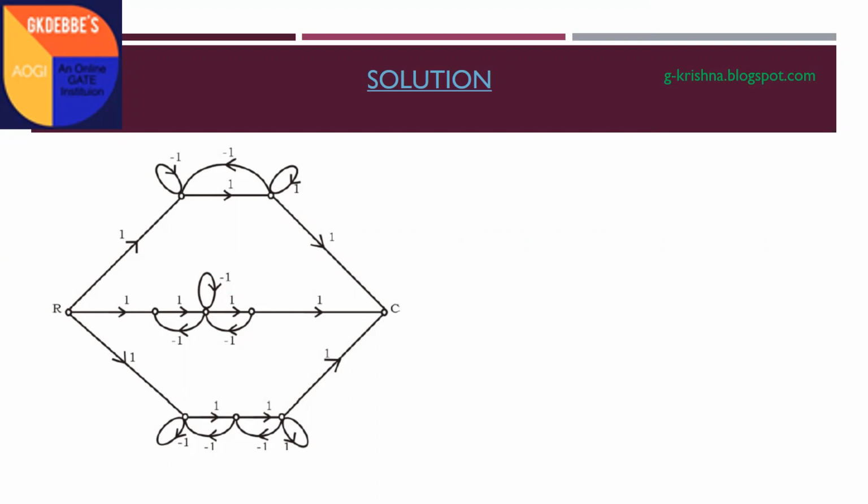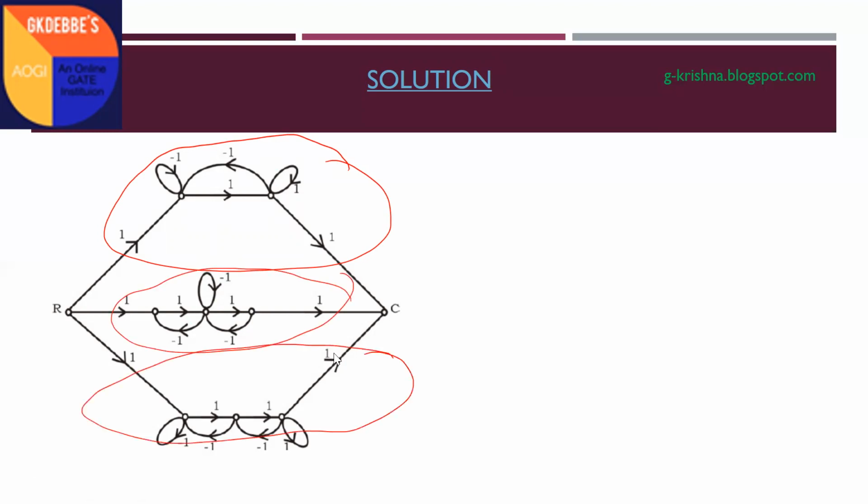This problem you have to analyze in this manner separately. One part of the SFG acting alone, you have to find the gain again using Mason's gain formula. First, we'll find the gain C by R for this part of the SFG, next the second part, then the third part, individually finding the gain of each part.